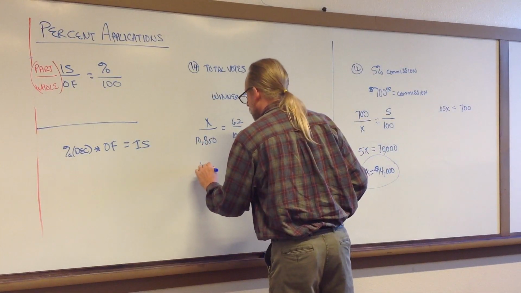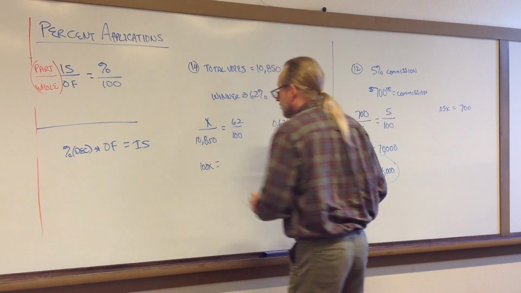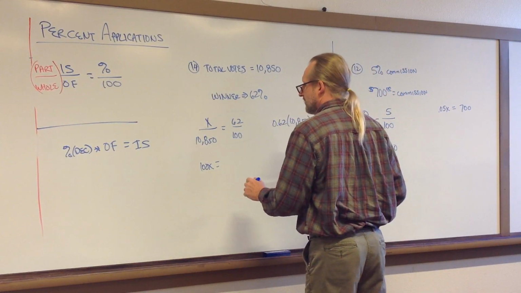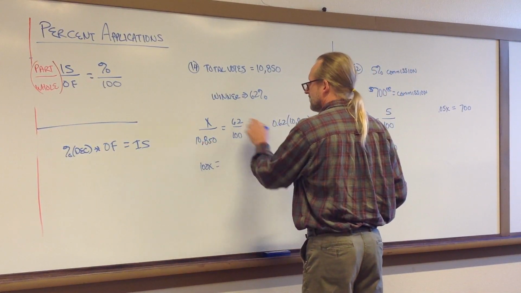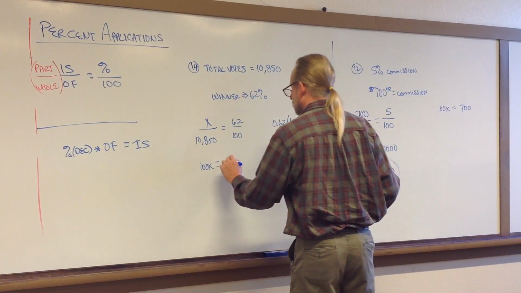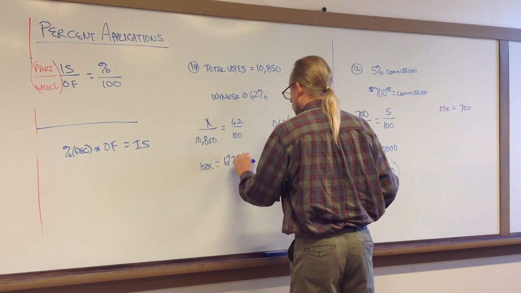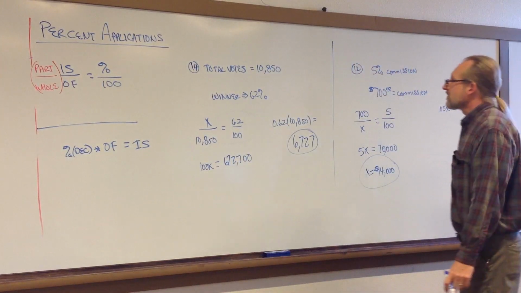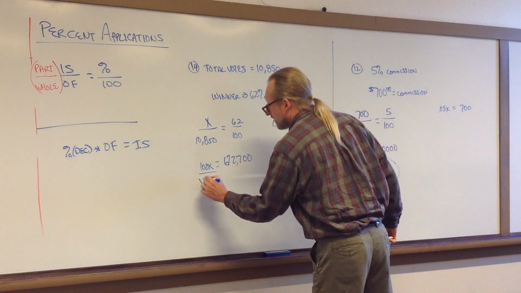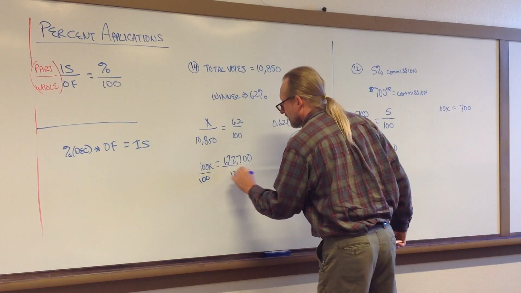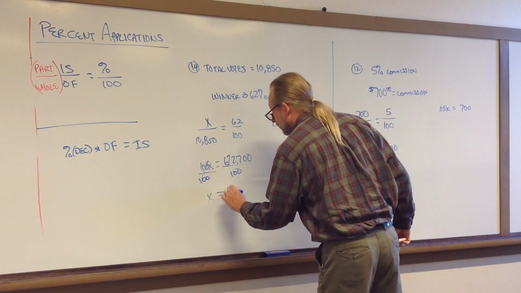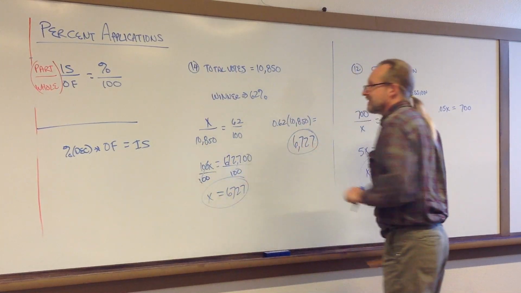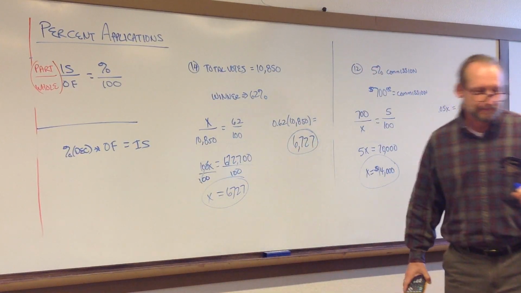Here you would get 100x is 10,850 times 62. So let's see. That would be 672,700. And I did that in my head because I knew that when we divided on both sides by 100, we wanted to come out with 6,727, just the same way as we did over here. Okay.